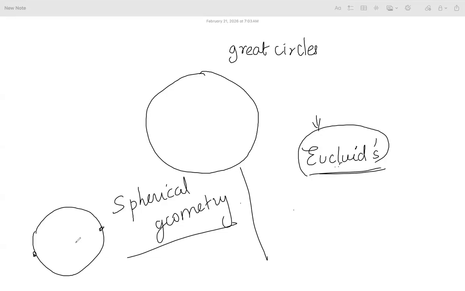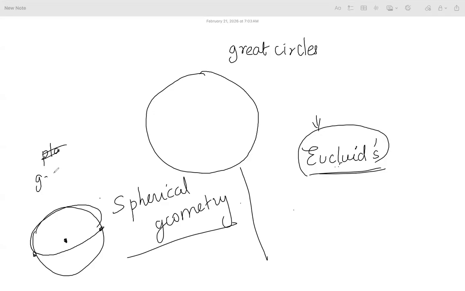In spheres, there's a concept called the great circle. Basically the great circle is the intersection of the sphere with a plane through the center of the sphere. Let me show you this. Great circle, meaning it goes around the sphere.